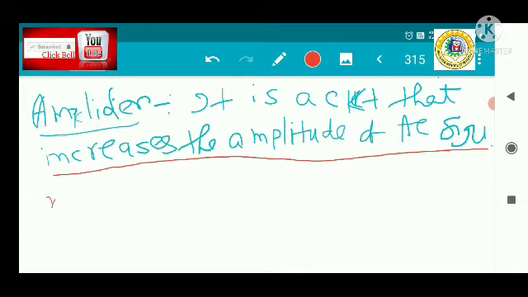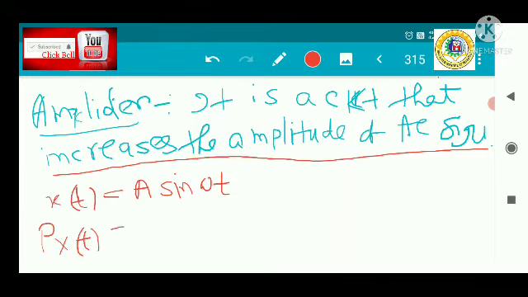Suppose there is a signal x(t) represented as A sine omega t. If you are familiar with the signals and systems subject, then the power of this AC signal is nothing but A square divided by 2.